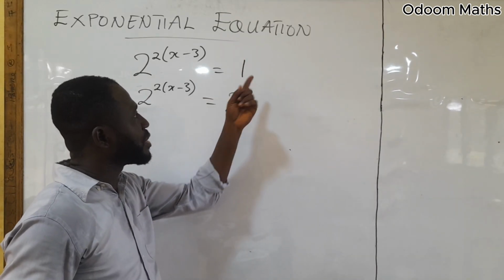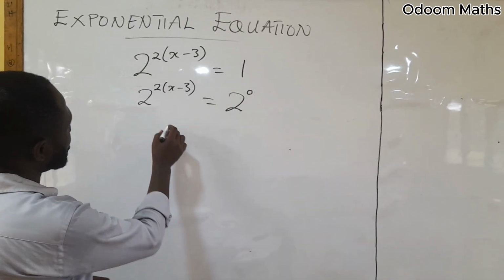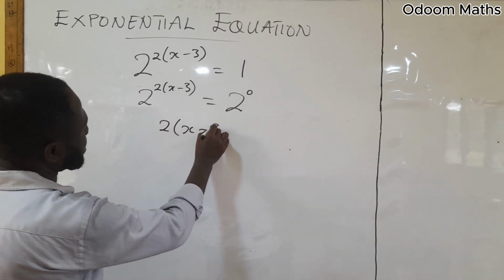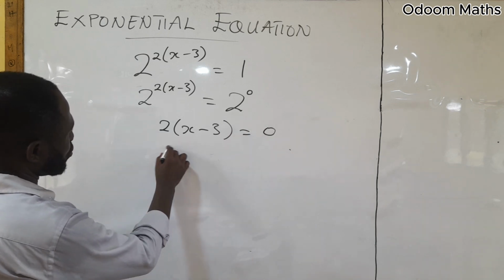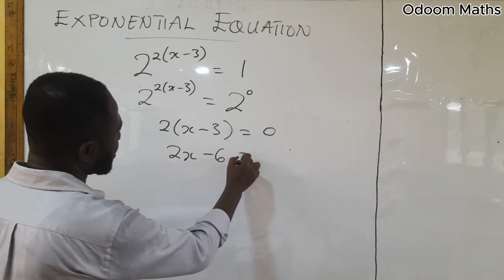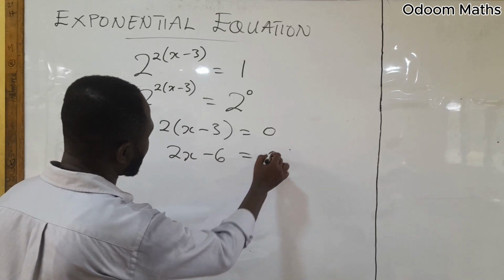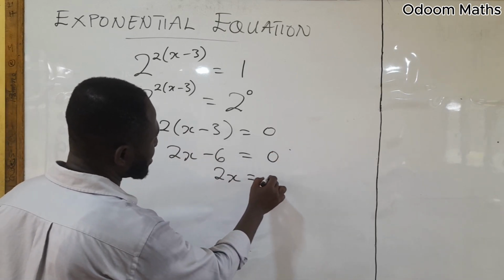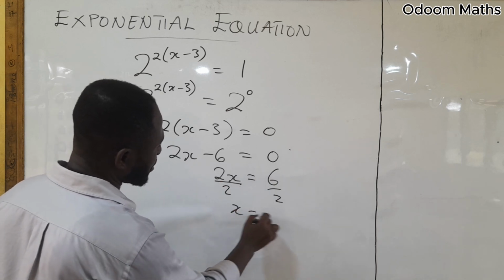So 2 to the power 0 is the same as 1. Now the bases are the same, so we can equate powers. So 2 into brackets x minus 3 becomes 0. Then we expand this. So 2x minus 6, that is 2 times x is 2x, 2 times negative 3 is negative 6, equals 0. So 2x becomes 6. Then we divide both sides by 2 to get x to be 3.